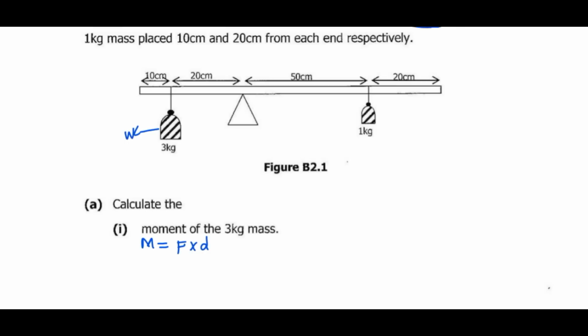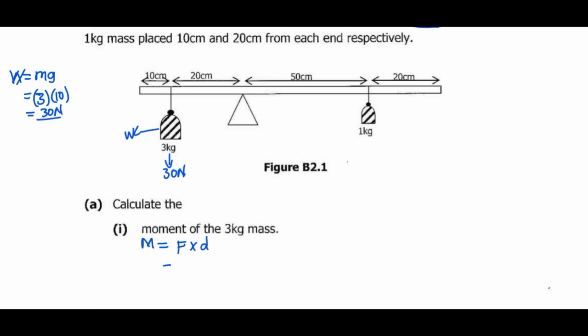So let's calculate weight. Weight is given by mass multiplied by gravity. The mass is 3, gravity is 10. So the weight is 30 newtons. This means that the force pushing down here is 30 newtons.